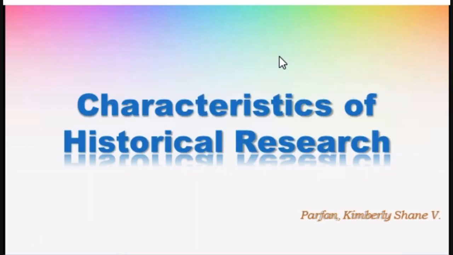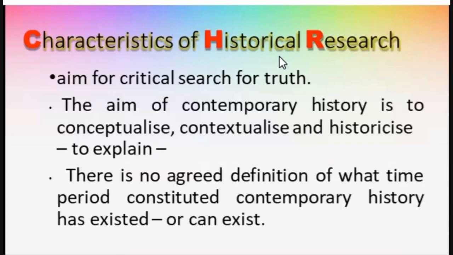Moving on from questions, the next part is the characteristics of historical research. The first characteristic is that historical research always aims for a critical search of truth, right? Critical search means you are doing an exhaustive analysis. The aim of contemporary history is to conceptualize, contextualize, and historize. You have to conceptualize it, and then you have to contextualize it: in which context does that concept occur?